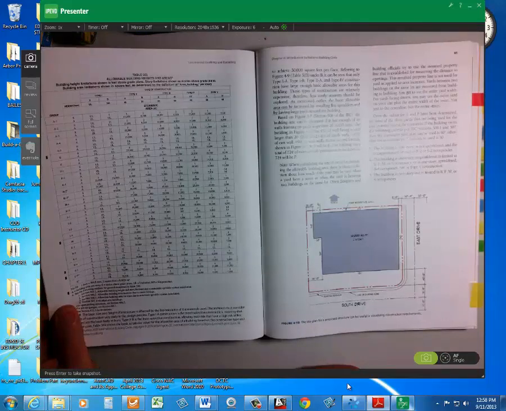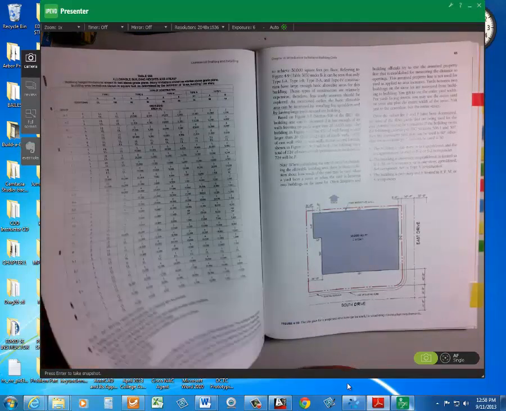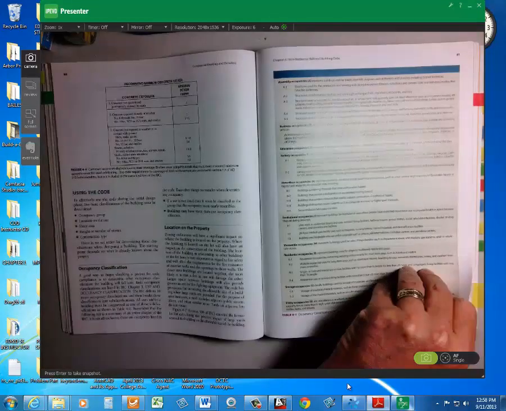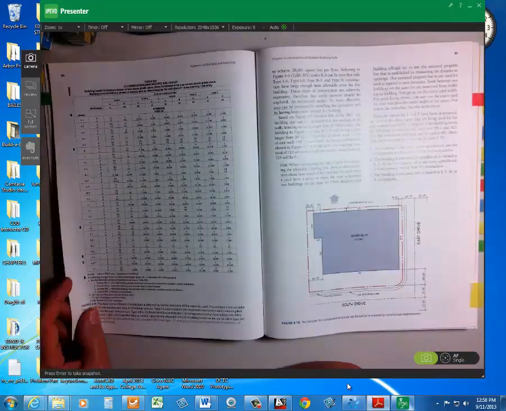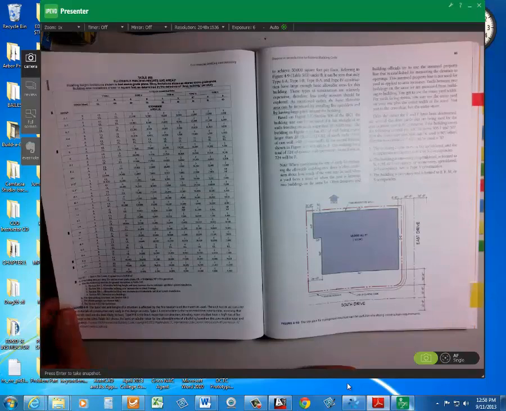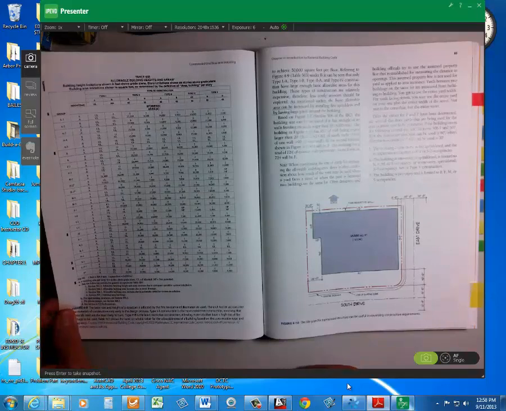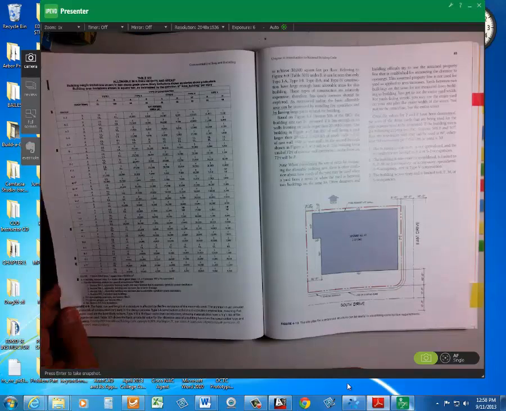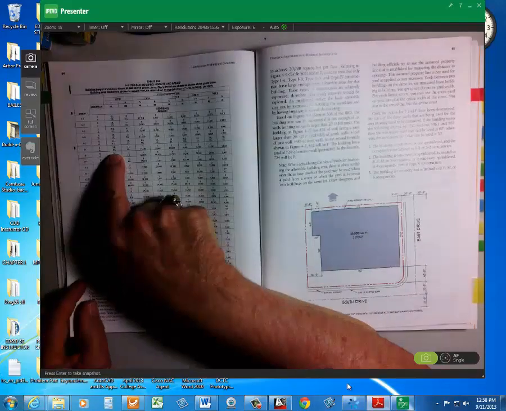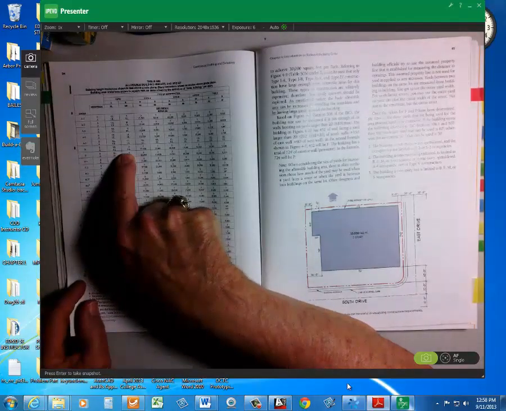Alright? Let's see what else we got. What if we want to build an office building? That would be a business, wouldn't it? Yeah. So let's see what B has. If it's a type A, type 1 construction, and it's a B, it's also unlimited. Let's see.